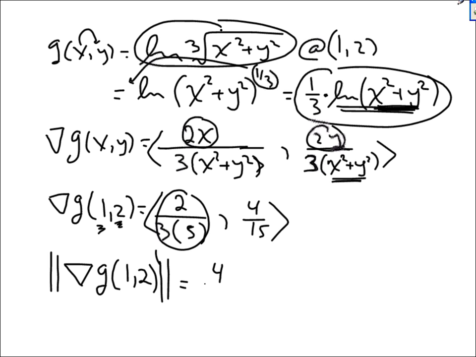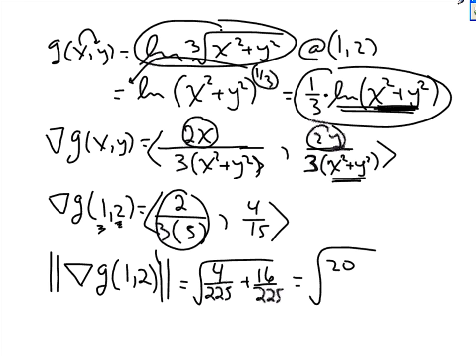So it's the square root of 2 squared over 15 squared plus 4 squared over 15 squared, which is 20 over 225. The square root of 20, which I'll think of that way, divided by the square root of 225.